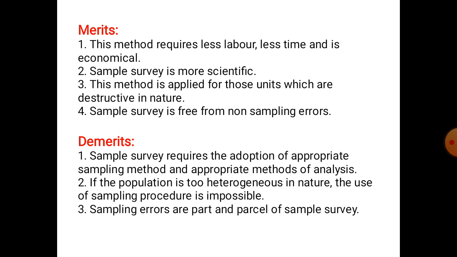So we have seen that census enumeration cannot be conducted for destructive units, but you can conduct sample survey on destructive units. Next, sample survey is free from non-sampling errors. See, whatever non-sampling errors are there, those will not occur in sample survey.